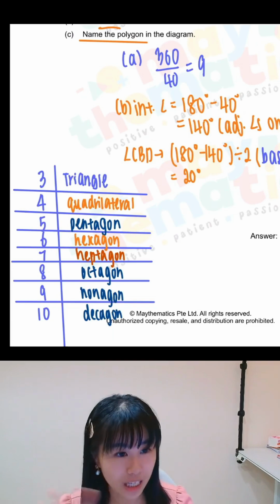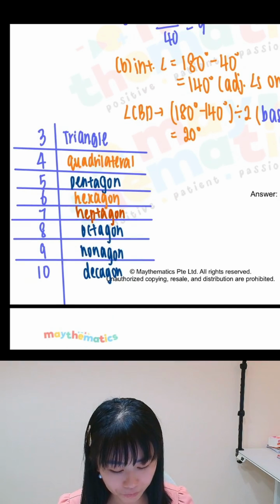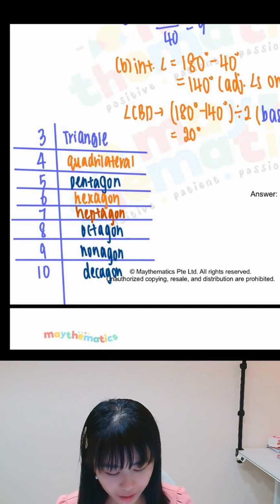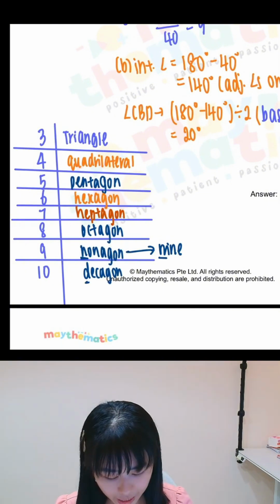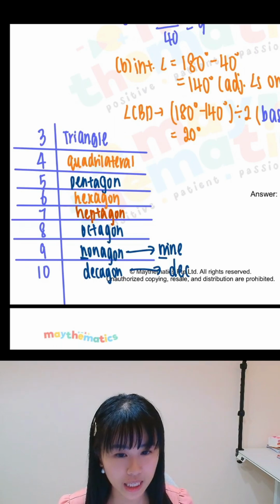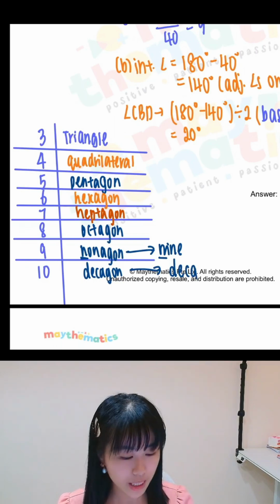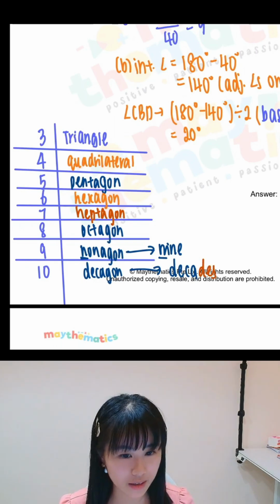I'll teach you certain tips to remember. For 9, you start with N also. Decagon. Remember the prefix DECA, because DECA always means 10. Like for example, decades. Every 10 years.